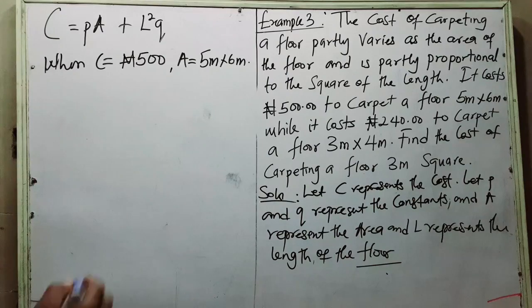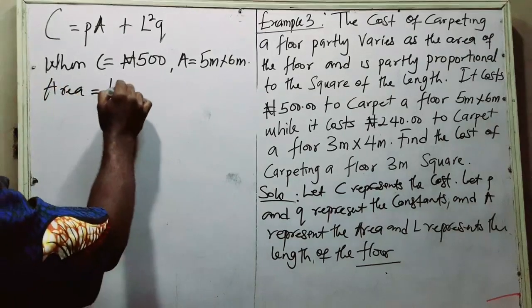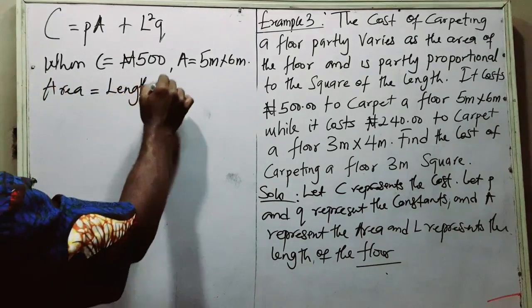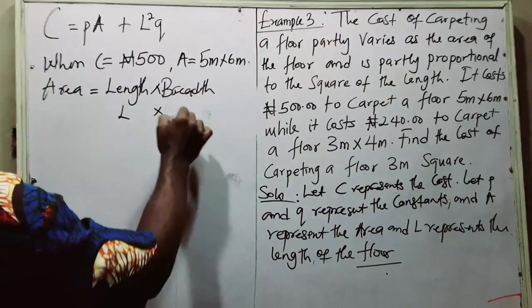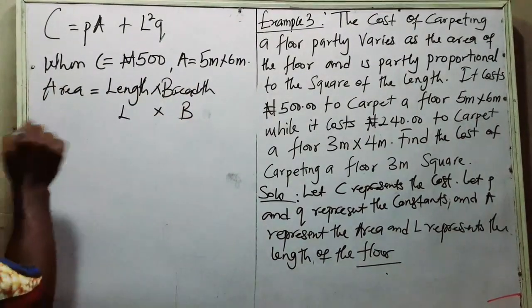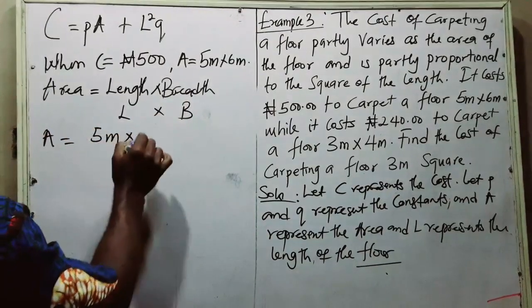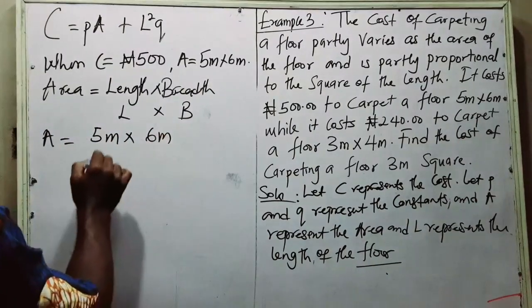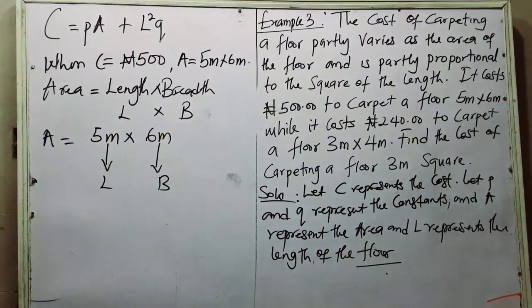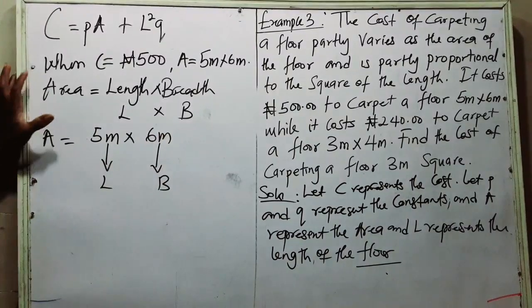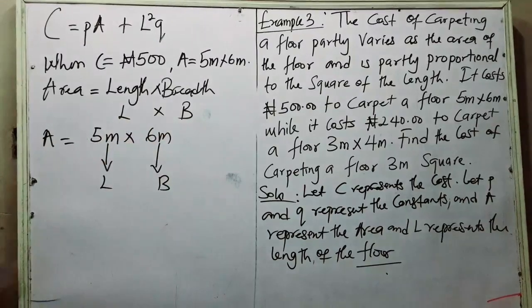For finding the area of any given shape, we have area is length multiplied by breadth, which is L times B.